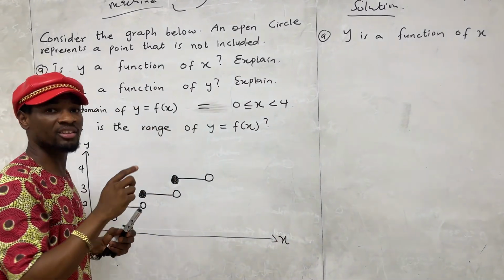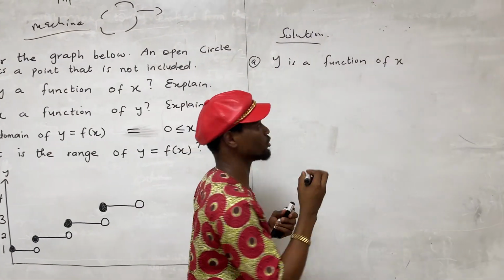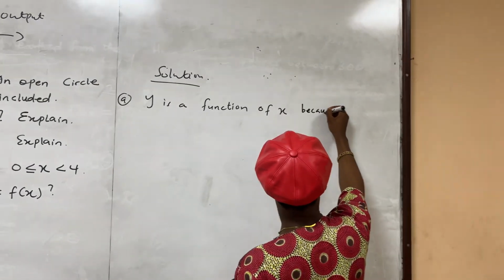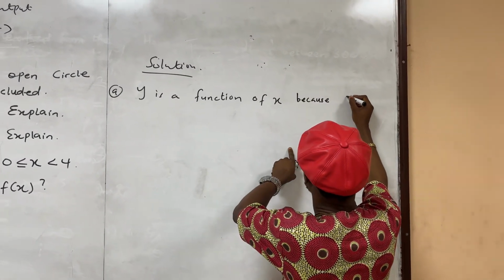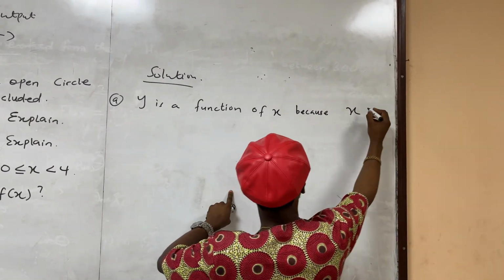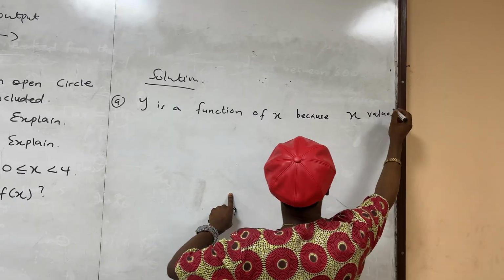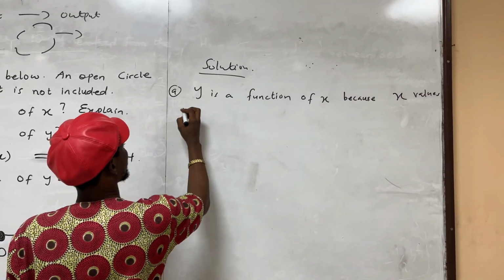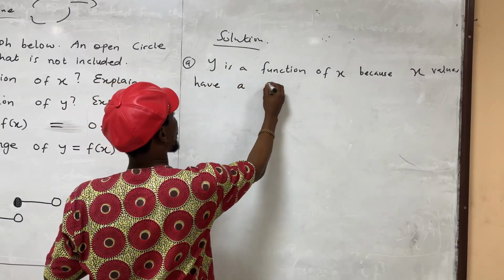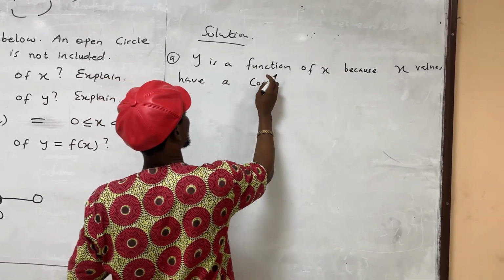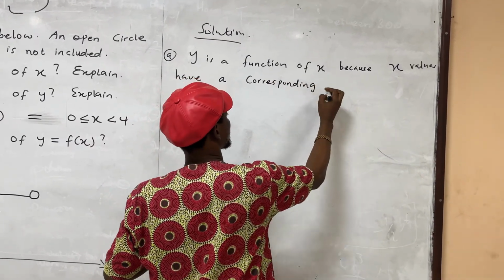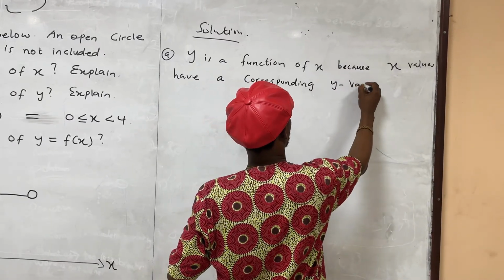So y is a function. For y to be a function, we say y is a function because the x values have corresponding y values.